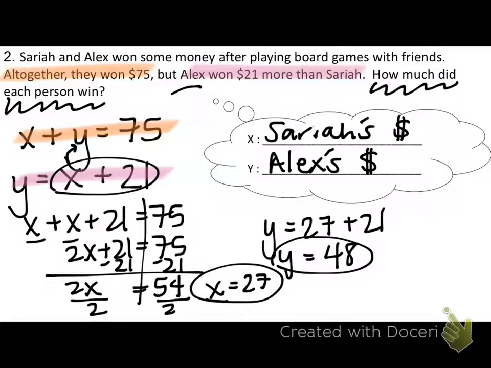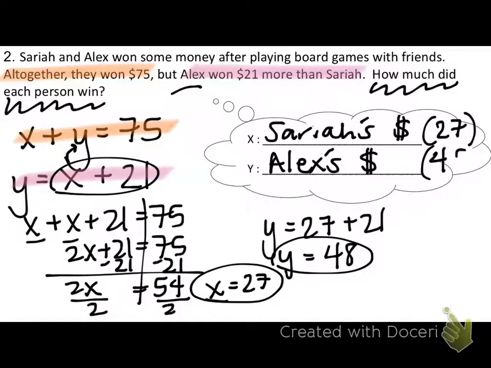So when I solved this out, I got X equals 27 and Y equals 48. If you wanted to double check them, you could add them together and make sure they make $75. You can make sure that what Alex won is $21 more than what Soraya won. X is 27. Remember, X is what Soraya won. Y is 48.